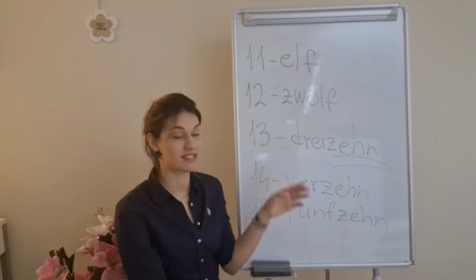Here we have the rest of the numbers till 18. So, as we learned so far, this logic is not so hard to realize and understand. We just add, for example, 5, 6, 7 to 10, and then we build numbers like that. But here we have two exceptions.